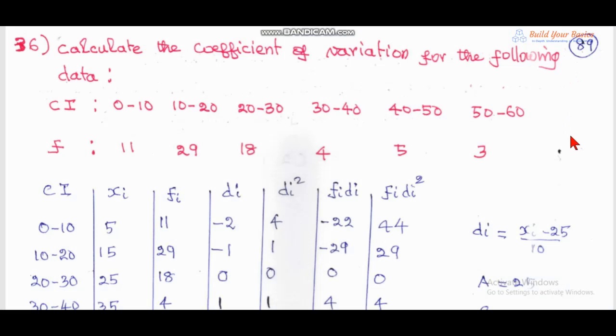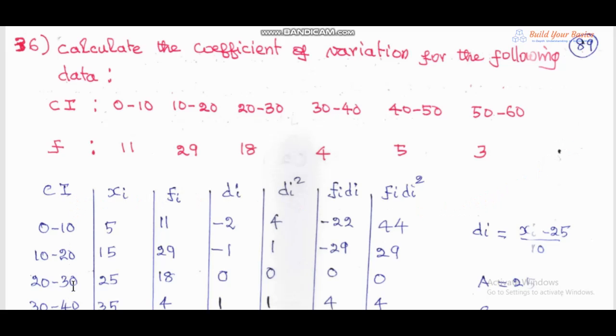Question number 36. Calculate the coefficient of variation for the following data. Class intervals 0 to 10, 10 to 20, 20 to 30, 30 to 40, 40 to 50 and 50 to 60. The corresponding frequencies are 11, 29, 18, 4, 5 and 3.